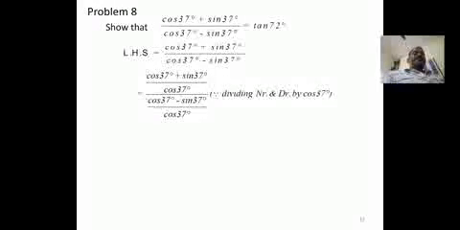You can get it as (1 plus tan 37) by (1 minus tan 37), because cos 37 by cos 37 is 1, sin 37 by cos 37 is tan 37, and in the denominator cos 37 by cos 37 is 1 minus sin 37 by cos 37 is tan 37. So this will be (1 plus tan 37) by (1 minus tan 37).